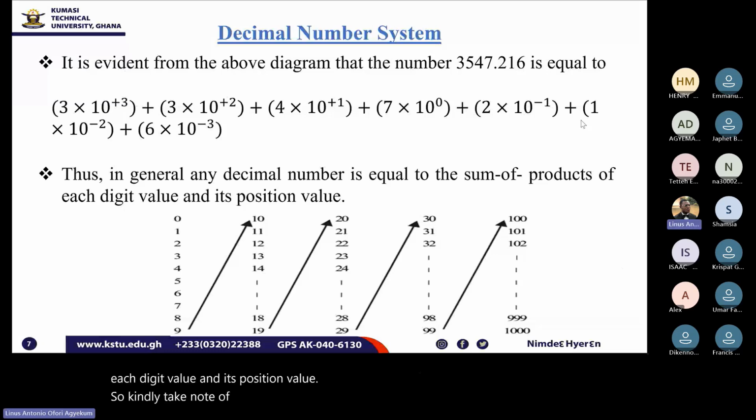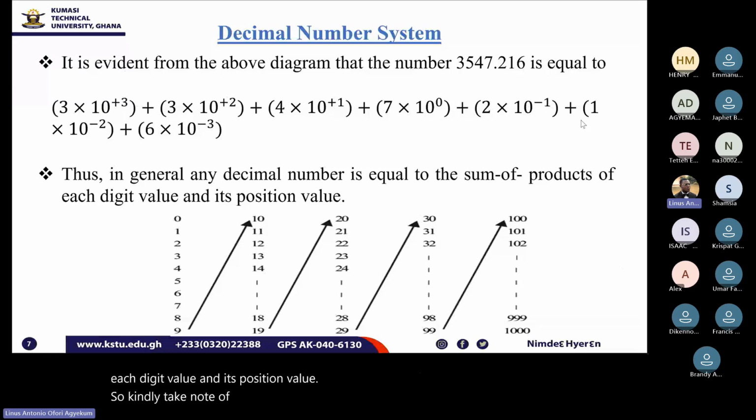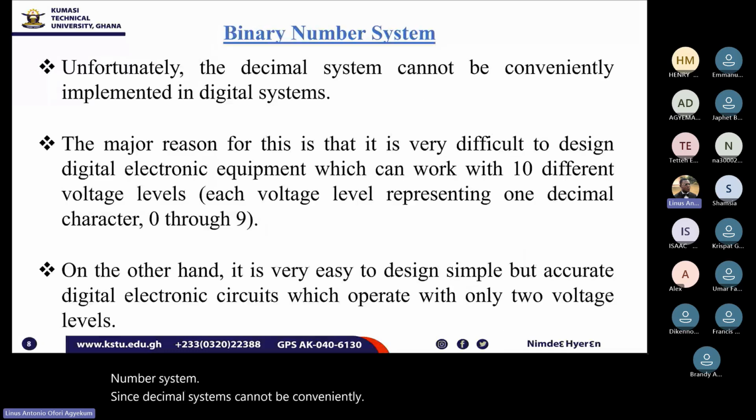Now let's look at the binary number system. Since decimal systems cannot be conveniently implemented in digital systems, that brings the need for binary number systems.